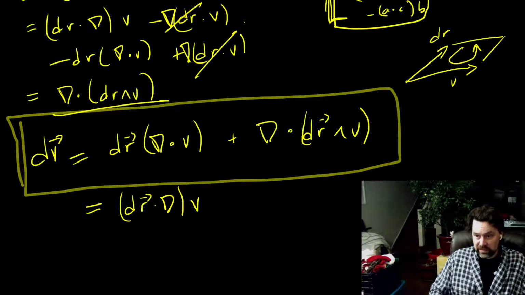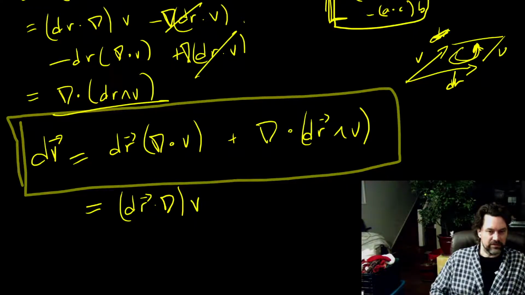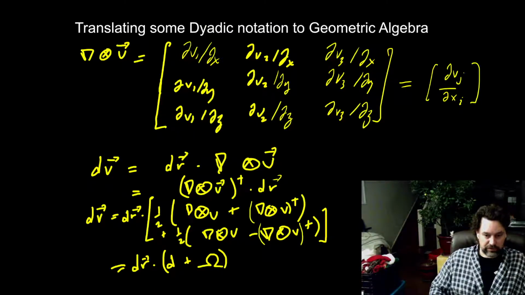Actually, I got the sign of that wrong with how I drew it. So it's like dr and v. So dr wedge v has this orientation. All right, so that is our symmetric term and our antisymmetric term. We've found that those are the equivalents of, here's our symmetric term and our antisymmetric term.